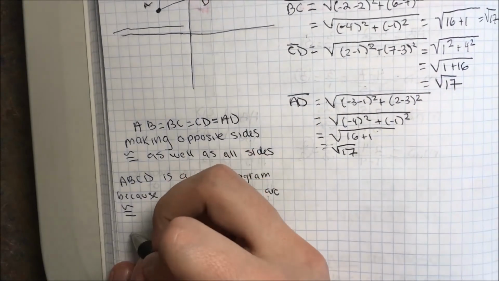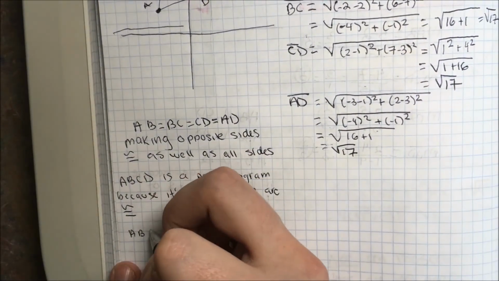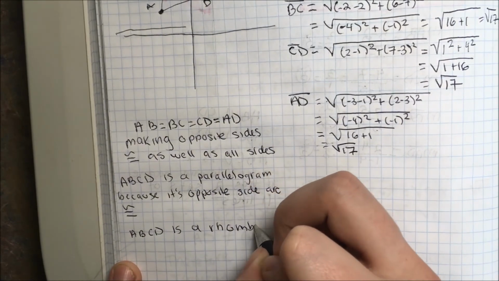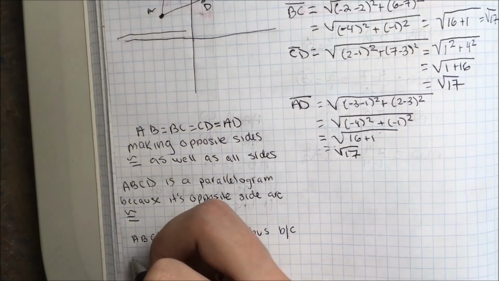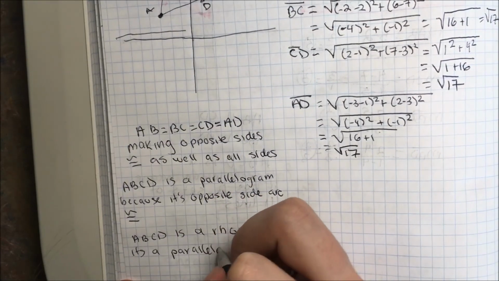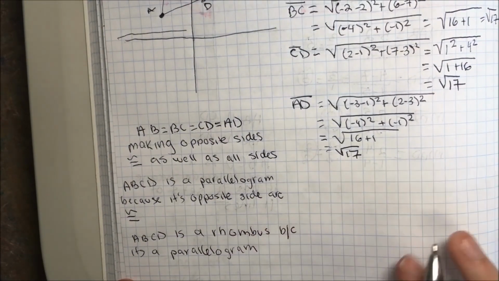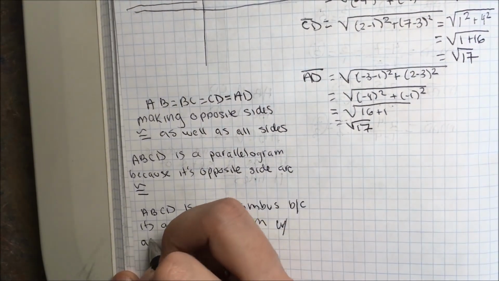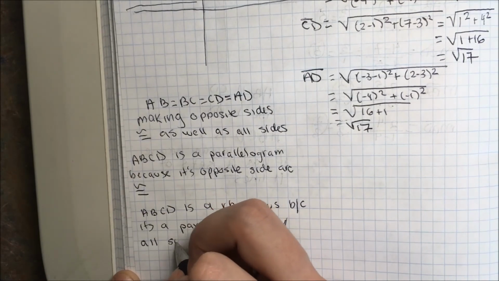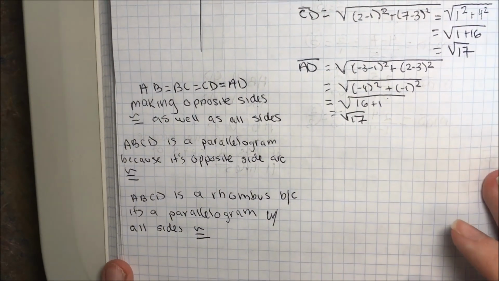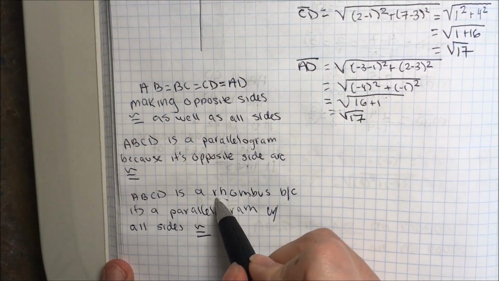And now we can conclude and say that ABCD is a rhombus because it's a parallelogram with all sides congruent. So we just proved that this is a rhombus.